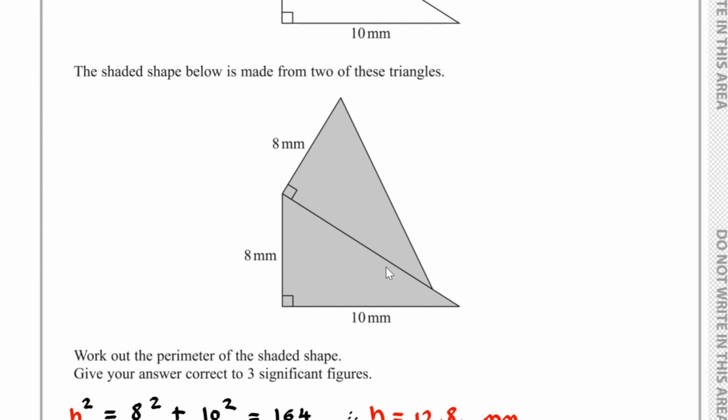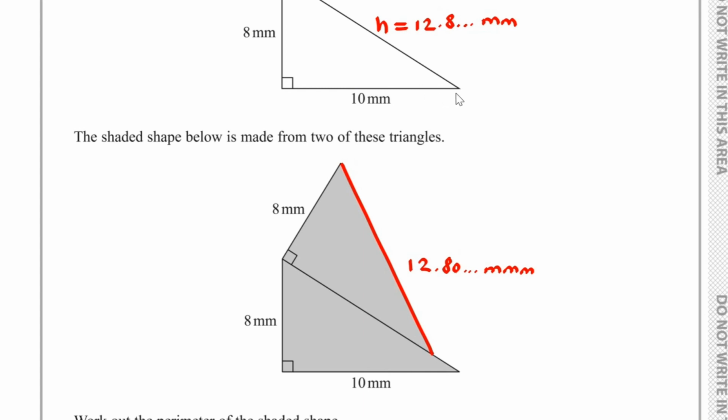So how does this help us? Well, if I look at this shape over here, I know that this length over here is given by 12.80 etc. millimeters, and I know that this length over here is 10, which is the same as this length over here, which is 10.